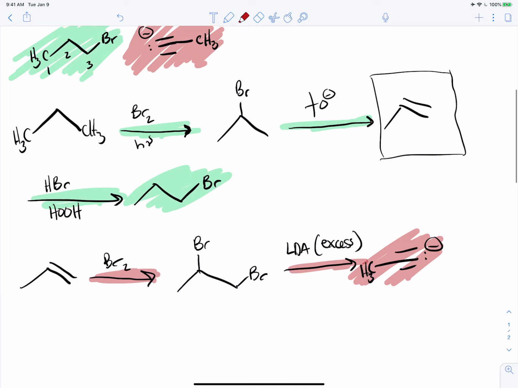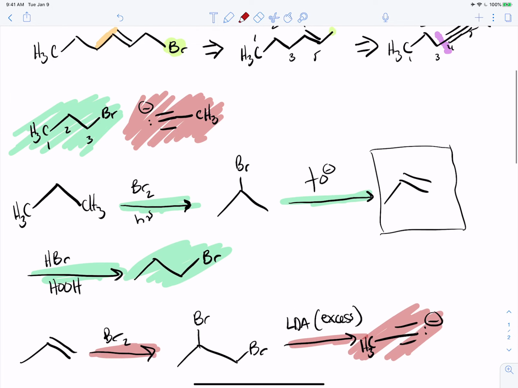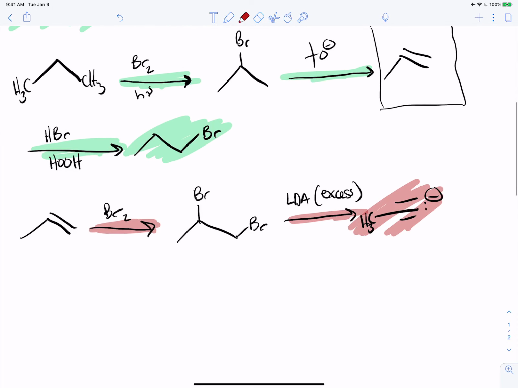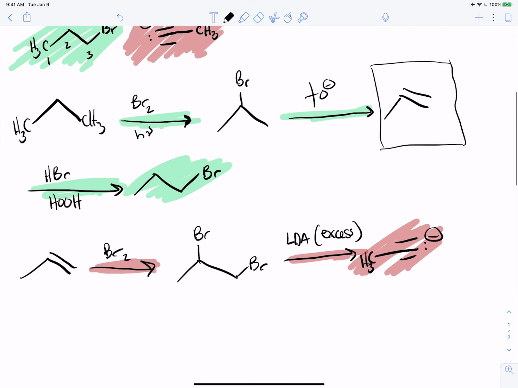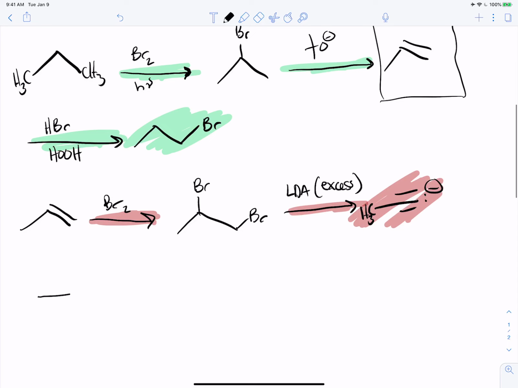And so now it's just a matter of joining those two guys together, which is kind of already done. Okay, so we've at least looked at the strategy there. That's where we started, remember, was doing the retrosynthesis. We're going to take that anion that we just made, and we're just going to combine it with the alkyl halide.